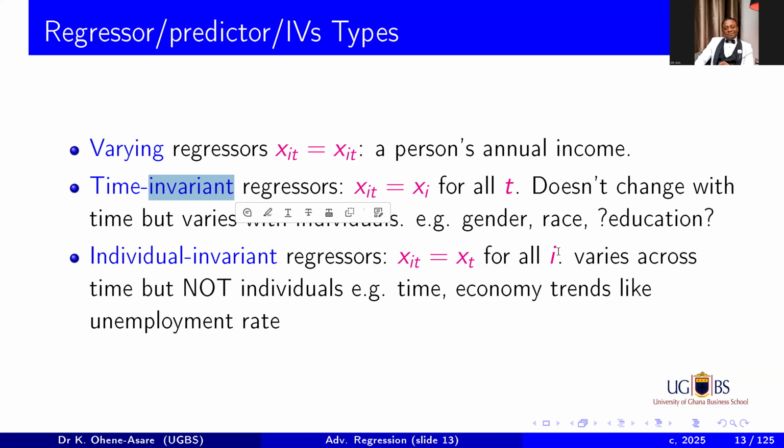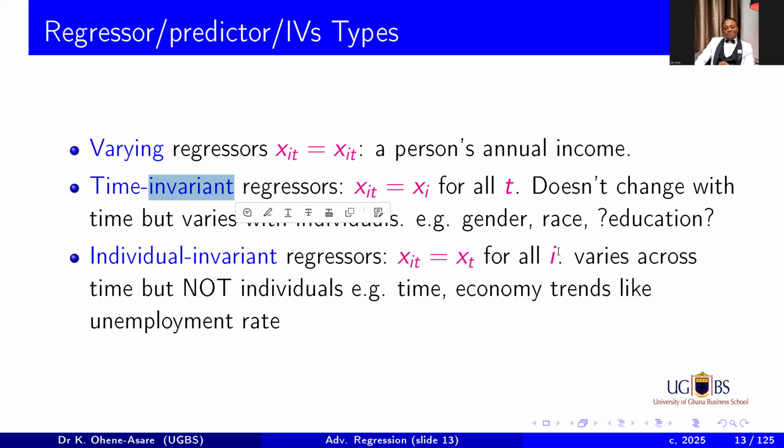Then you have another kind of regressor, which is the opposite of this, which is changing over time, but it's constant across individuals. Oh yeah, there are things like that. Like time. Time is always changing over time. It's moving.